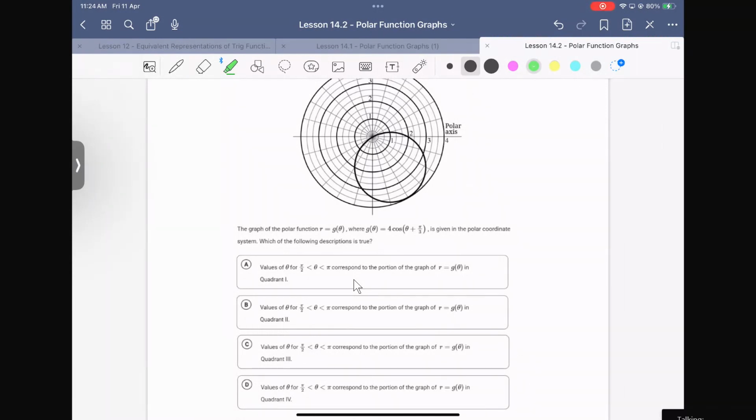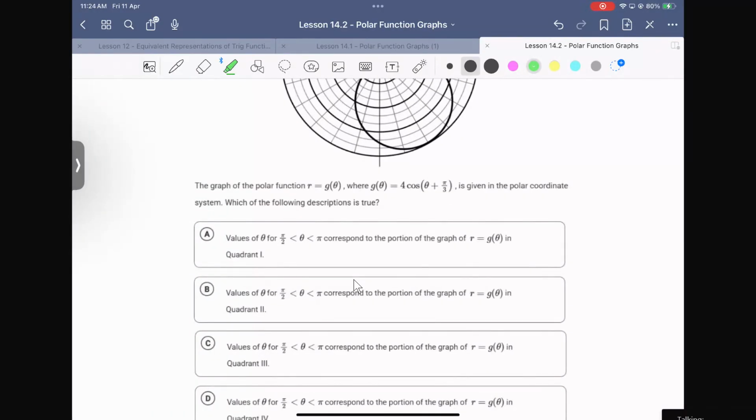The graph of the polar function r equals g of theta is given with g of theta equal to 4 cosine of theta plus pi over 3, given in the coordinate. Which of the following descriptions is true? So let's just read the descriptions a little bit. Values of theta for the interval pi over 2 to pi correspond with the portion of the graph in the first quadrant.